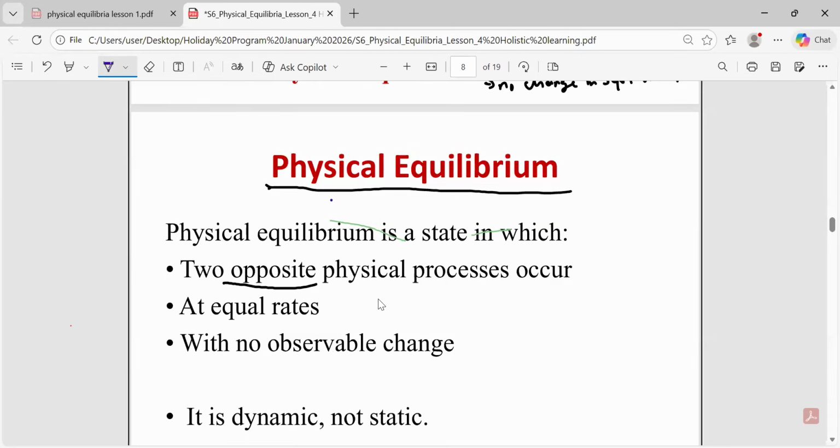In the previous discussion, we saw two physical processes: number one, evaporation; number two, condensation. These occur at equal rates with no observable change, and we're saying that it is dynamic, not static. When we say it is dynamic, not static, what does it mean?